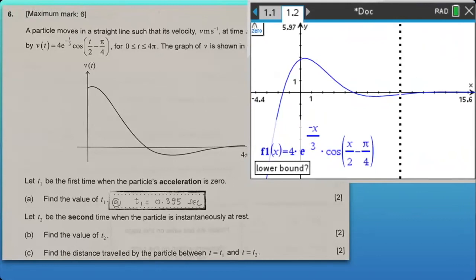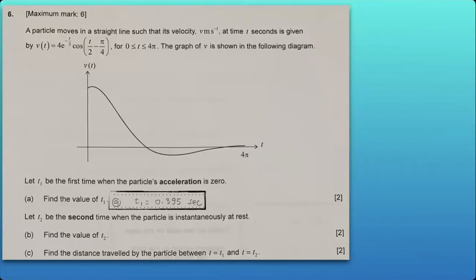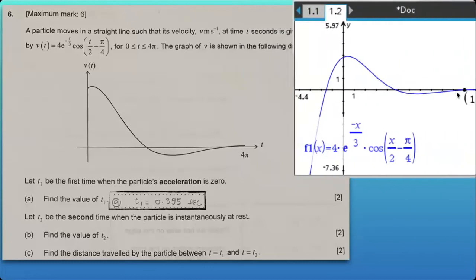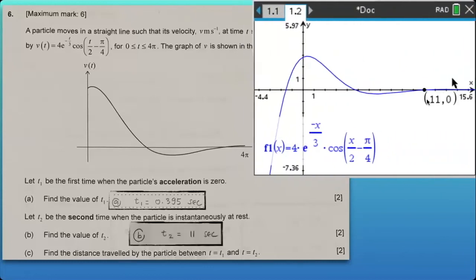So we go roughly to the left of that point and then click, and then the calculator will ask for the upper bound. So we go roughly to the right of the x-intercept, click, and we get the answer. Therefore, T2 is equal to 11 seconds, because that is the coordinate, that is v, velocity. So this is what we're after, 11 seconds.